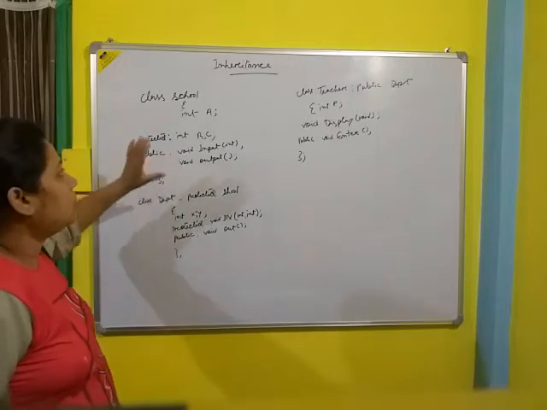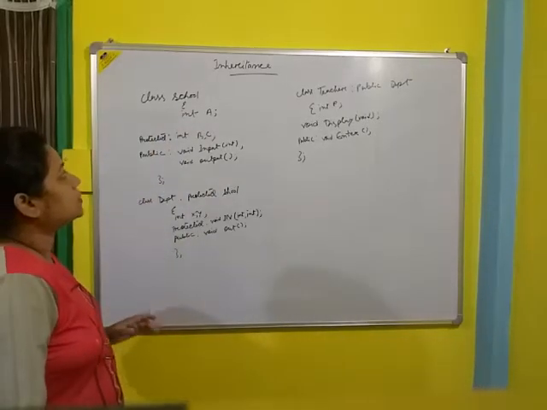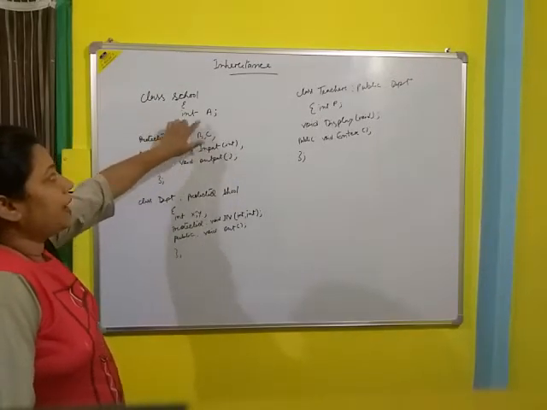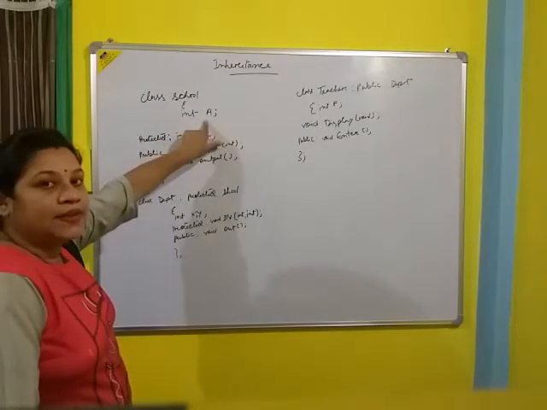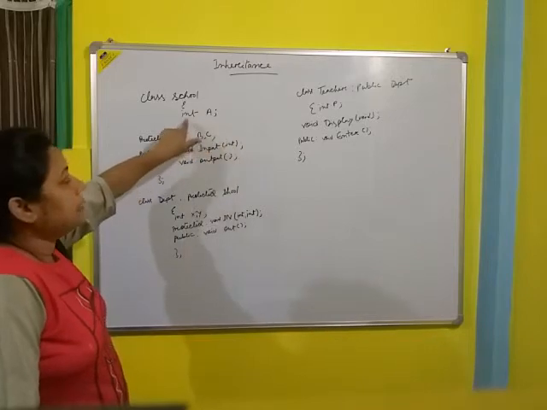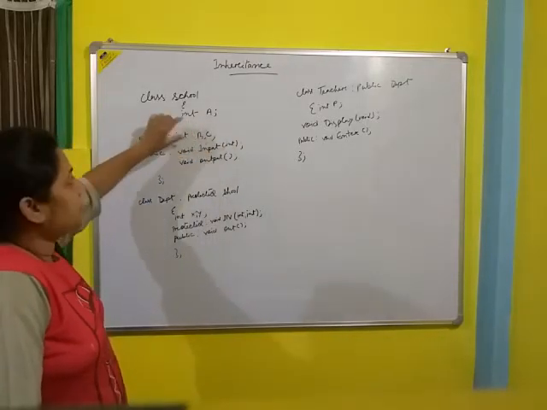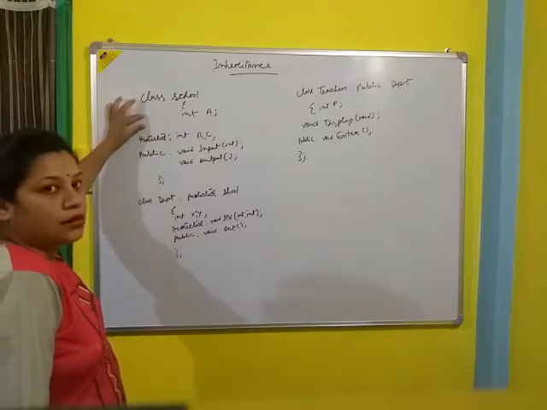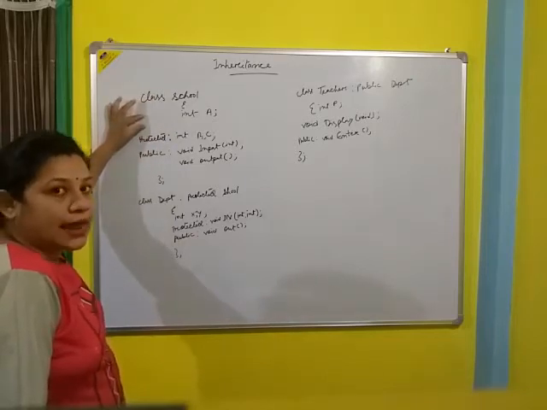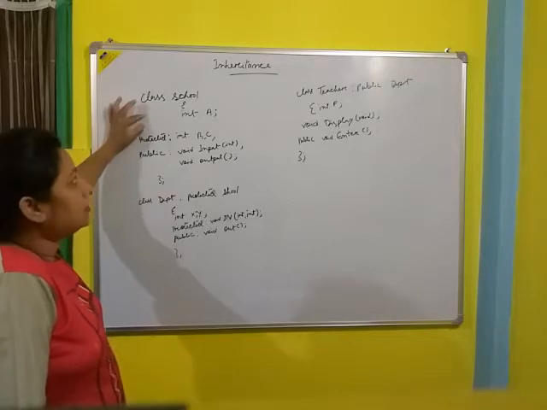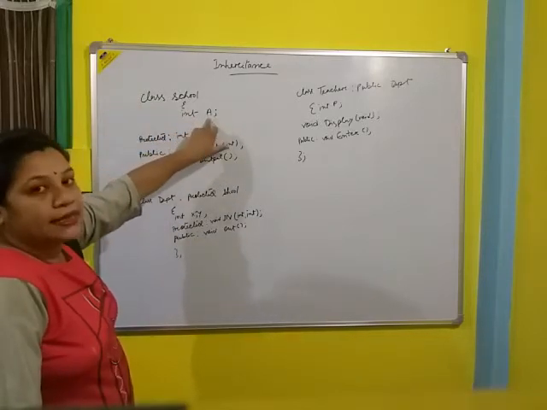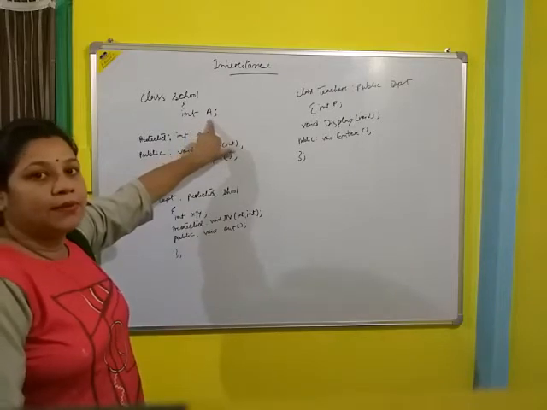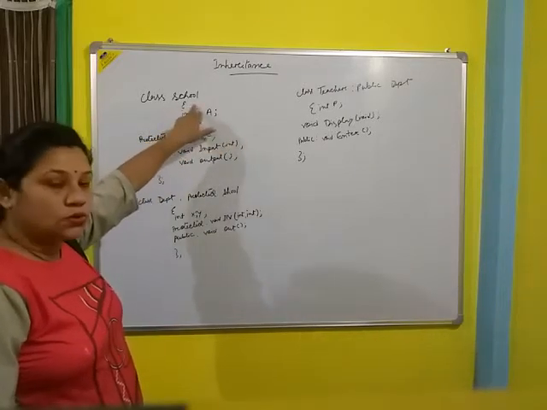Okay. Now look at the class school. Here we have a data member. The name is A with integer data type. So here no access level is used. That means by default the integer A, this data member, is a private data member of the class school.